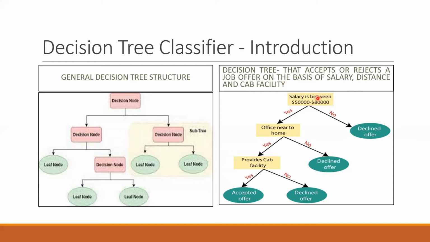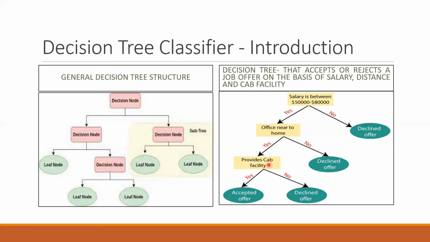You have to see multiple things: the salary, the distance of the office, and whether the cab facility is there or not. Based on all these, we have made a decision: if salary is not between 50,000 and 80,000, we will decline the offer. If it is between that, we will also see if the office is near home, then we move ahead and check for the cab facility.